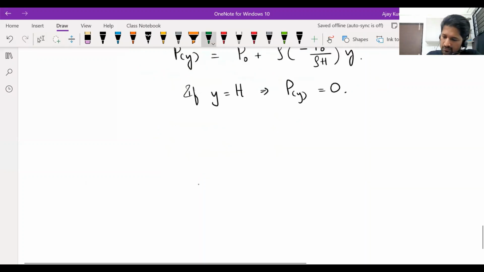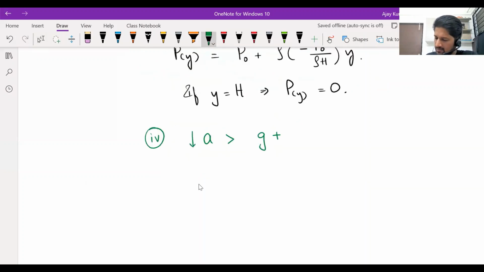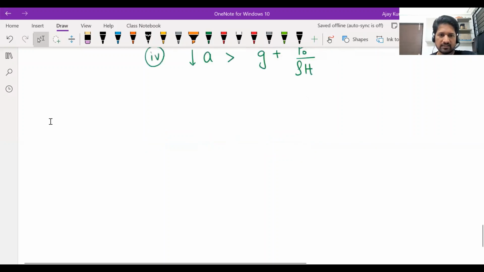So if you consider that case now, downward acceleration of the container greater than g plus P naught by rho h. g plus P naught by rho h is the maximum downward acceleration the liquid can afford. If the container goes faster than that, then you will see something like this happening. As I said, the liquid cannot keep up with the container as it goes down. So relatively, you will see it rising up.